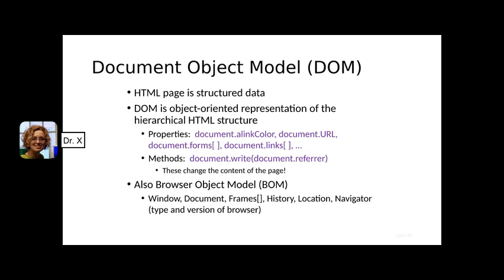The programming model for JavaScript is called the document object model, and it's a way of structuring the objects in an HTML page in a very neatly thought hierarchical structure.